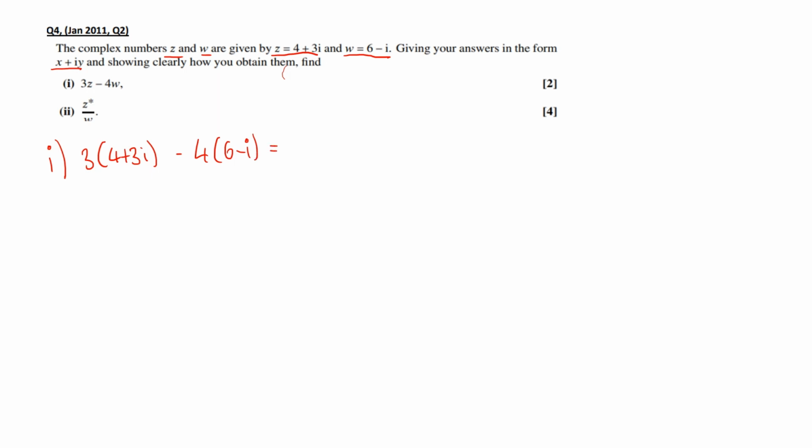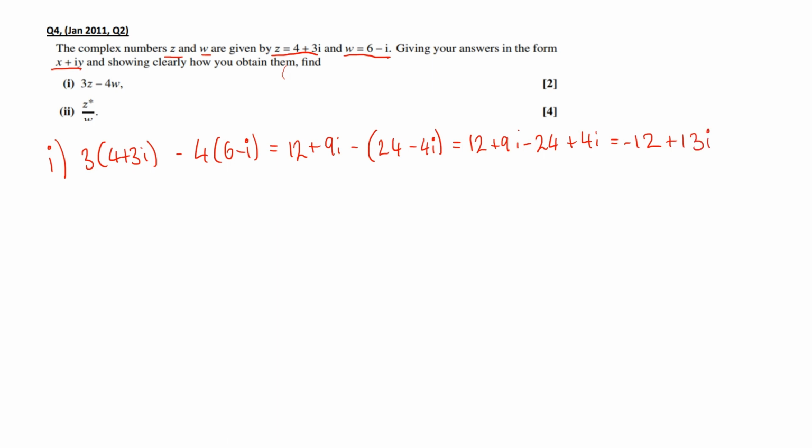That's equal to 12 plus 9i minus 24 minus 4i. Now, we want to times by the minus 1, so 12 plus 9i minus 24 plus 4i. That's going to give us 12 minus 24 is minus 12, and then plus 13i.